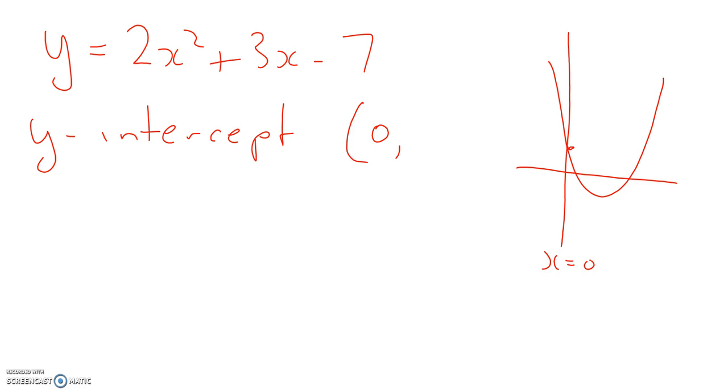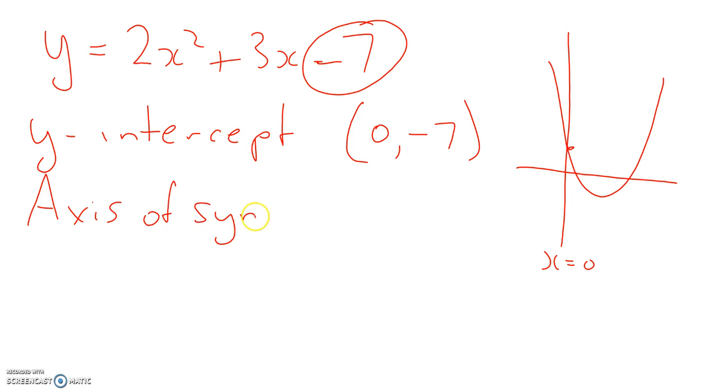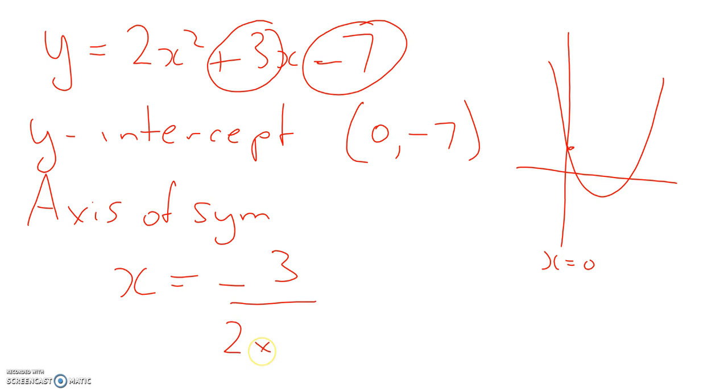And we read it off, it's just the value of c, and c here is minus 7. That's a negative 7. Okay, so our axis of symmetry, x equals minus b. Now, b here is 3, divided by 2 times a, and a here is 2. So that's going to equal minus 3 over 4. Okay, so there's our axis of symmetry.